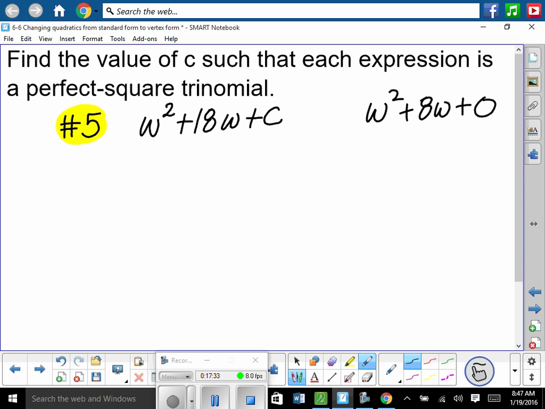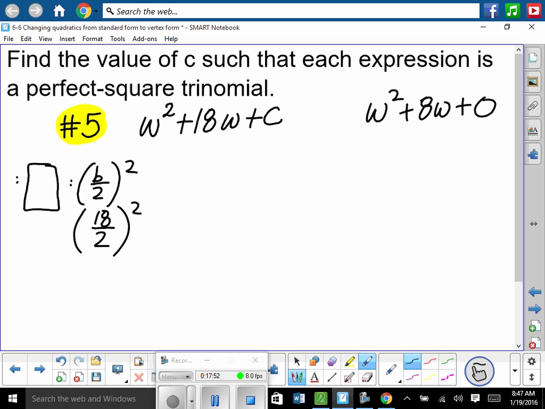Now we're going to find the c value that makes this a perfect square. So we can take our b value. Our square is b divided by 2 squared. Our b value is 18. 18 divided by 2 squared. You show your work. 9 squared is 81. So that's our square.